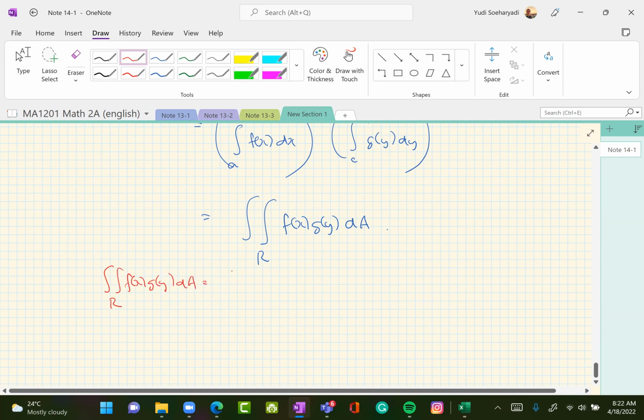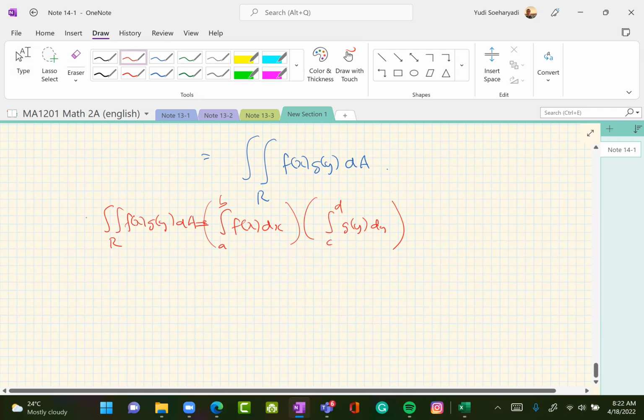It's just the integral from a to b of f of x dx times the integral from c to d of g of y dy. Now the important thing is this works whenever R is a rectangle. If it's not a rectangle, then you might have different things.